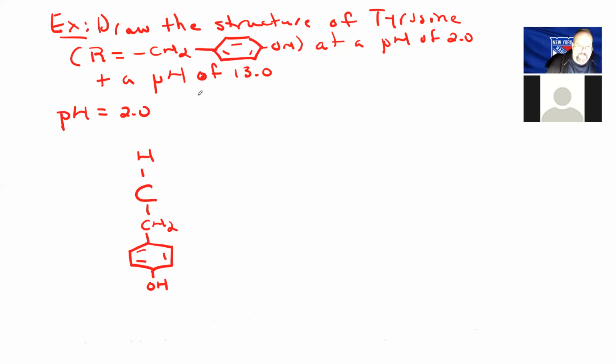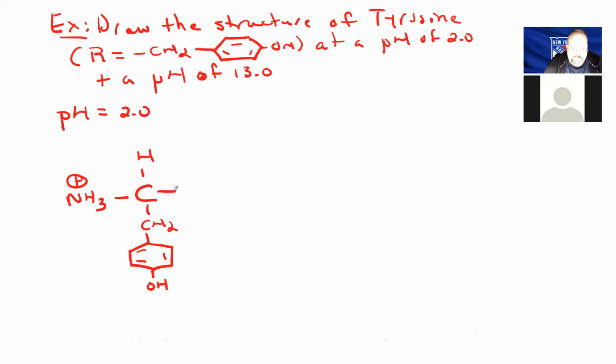That's important. But what about the amino group attached to the central carbon and the carboxyl group attached to the central carbon? So at a pH of 2, the amino group attached to the central carbon stays the same as it was in the Zwitter ion form. It's going to have the form of NH3, and because the nitrogen has 4 bonds, it has a positive charge. Okay. What about the carboxyl group attached to the central carbon?